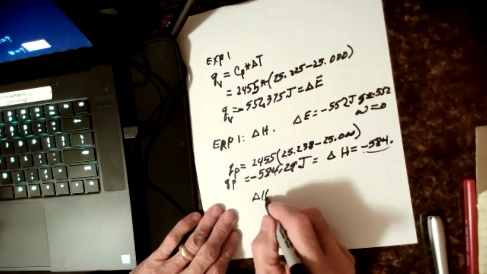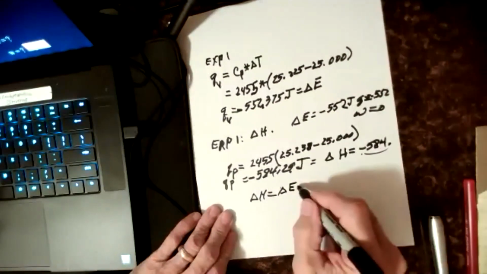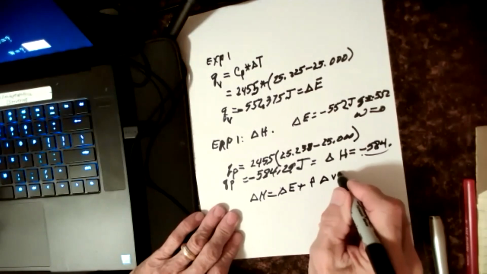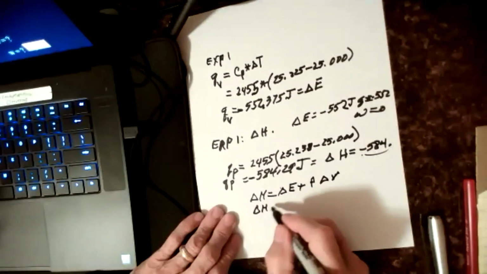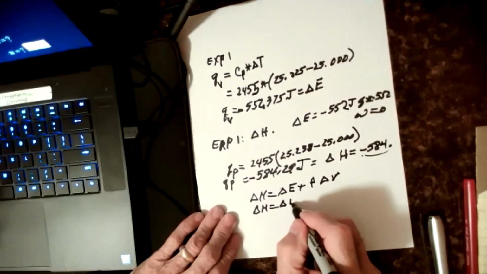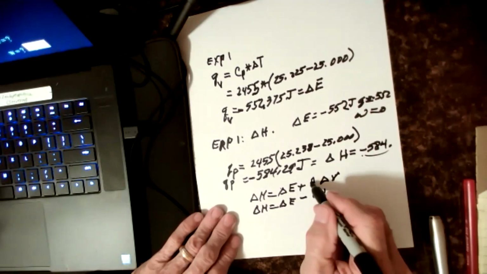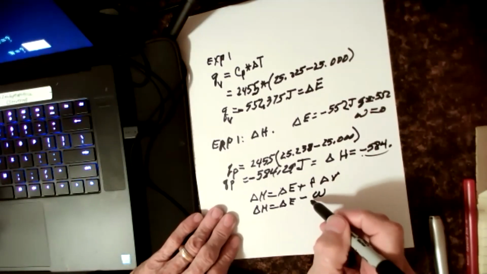So delta H is equal to delta E plus P delta V, and delta H is equal to delta E minus the work, since minus P delta V is work, so P delta V is minus work.